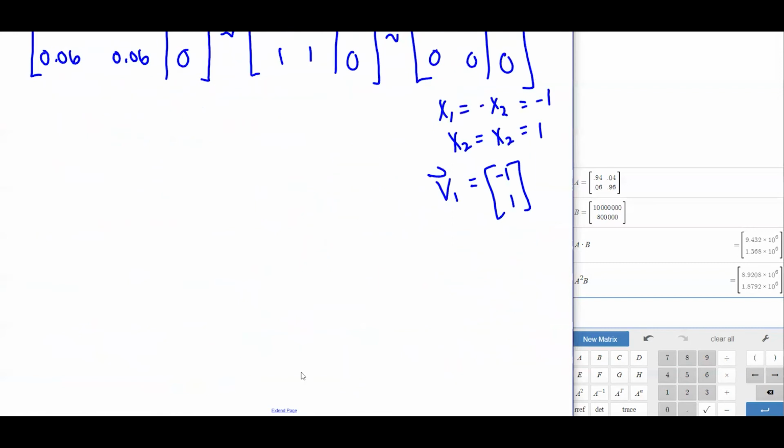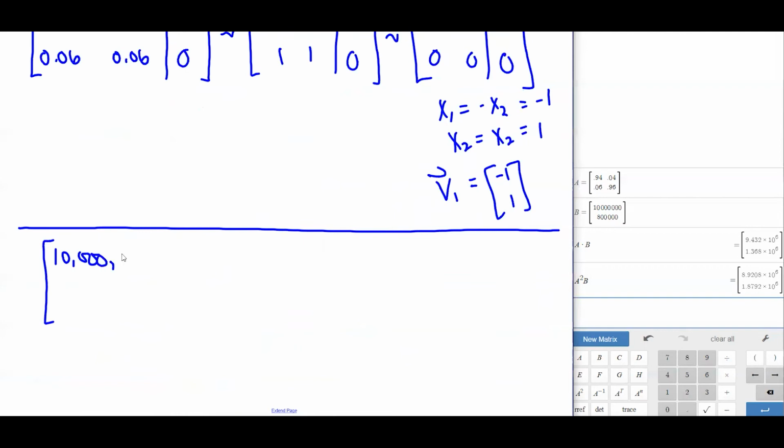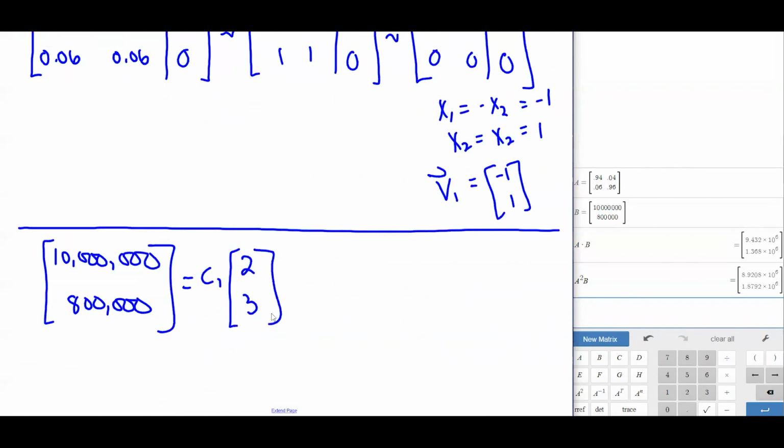So let's write that down. I want to write x of 0 as a linear combination of v1 and v2. So v1 was 2, 3. v2 is negative 1, 1.